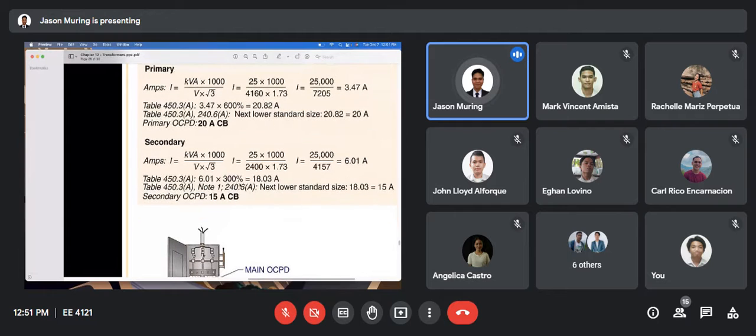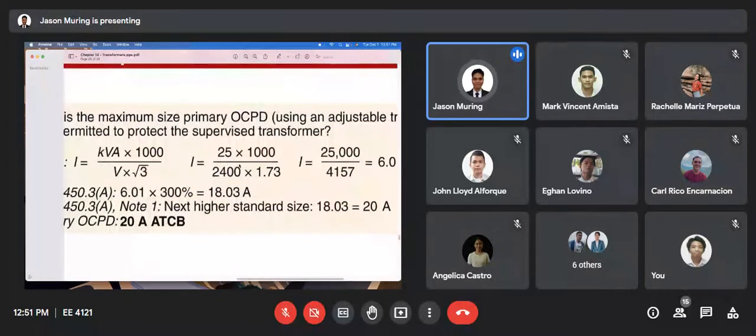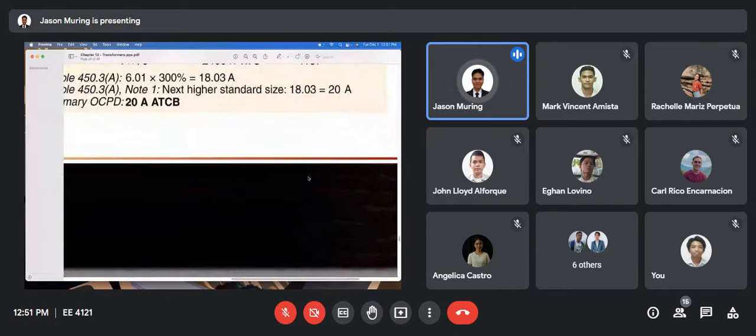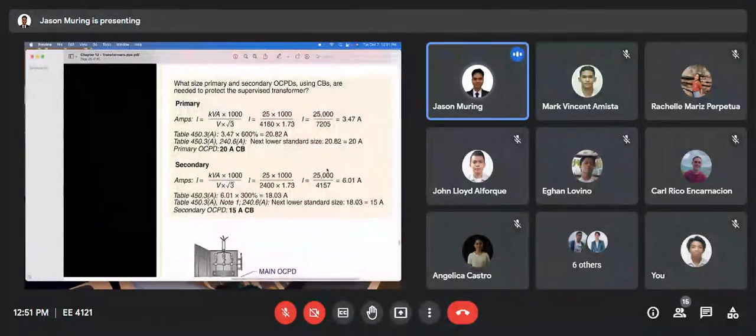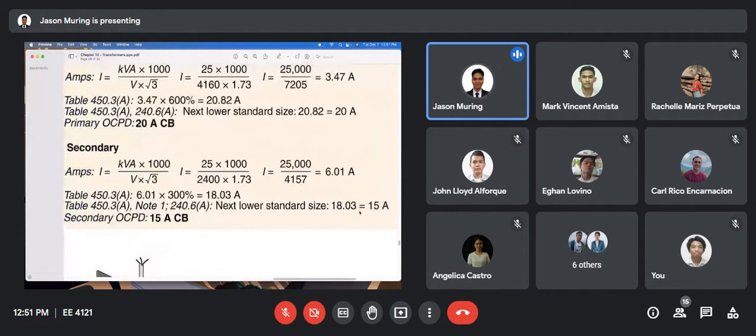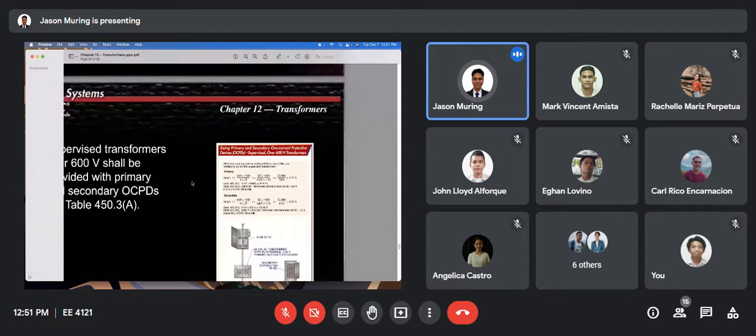Same goes for this one. But how do we know when to apply the next higher? Basically this is the same number, 18.03 and also 18.03, but they have different settings, secondary, primary, and there's no note anywhere. So we have here note 1. Note 1, next lower. So let's see.